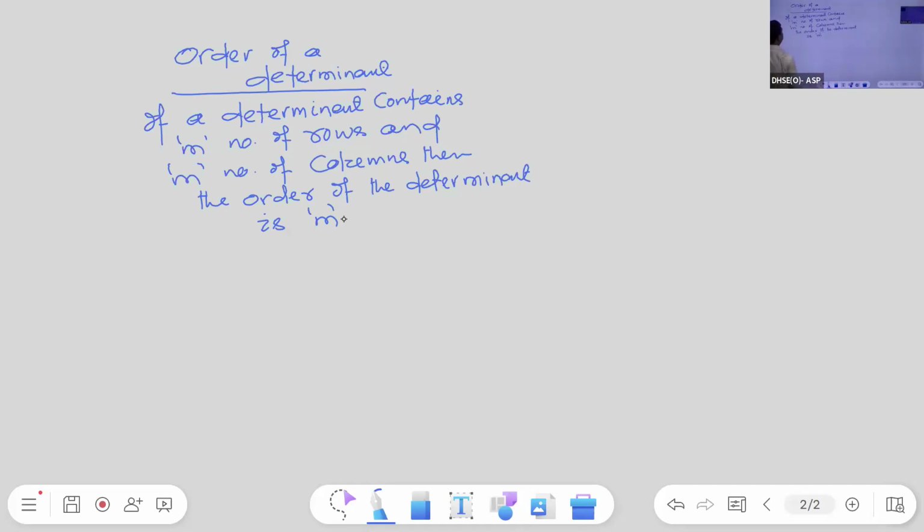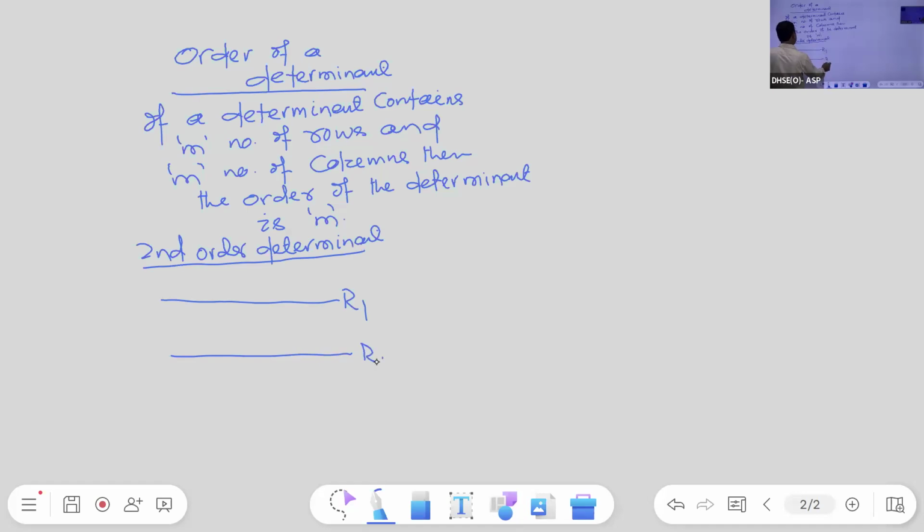So first of all, we discuss the second order determinant. A second order determinant contains 2 rows and 2 columns: row 1, row 2, column 1, column 2.